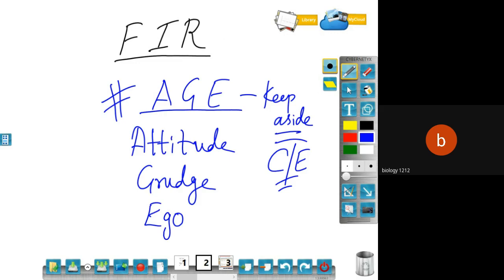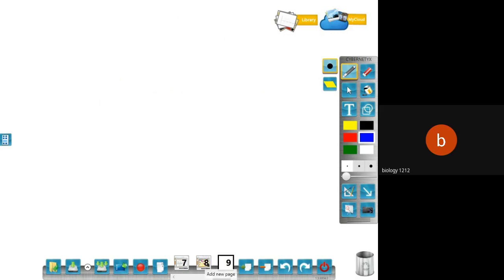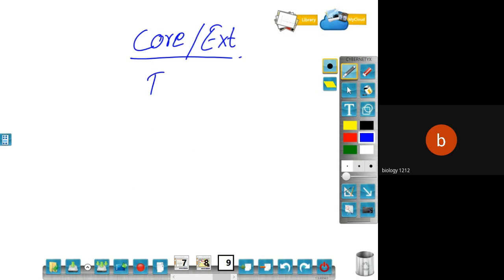Now let's move to the next one: read the content. It's a very important part. Whenever you're selecting core or extended, the tip is to read the content.